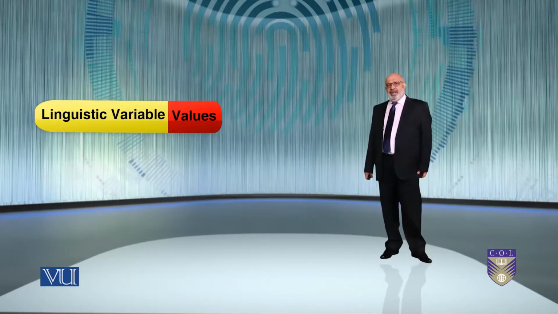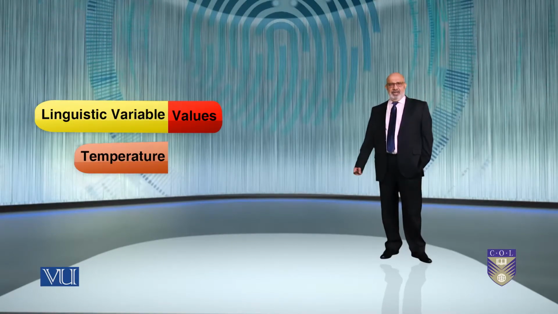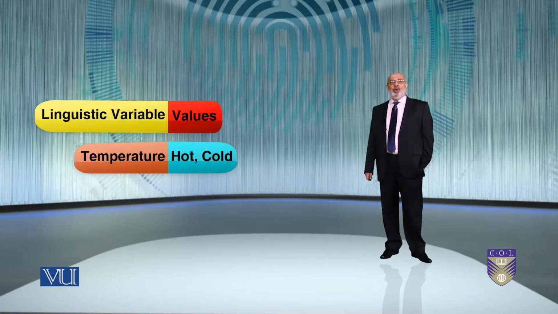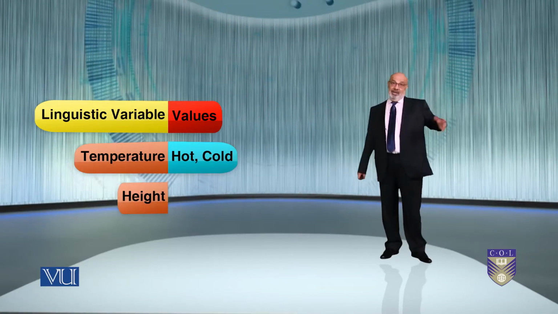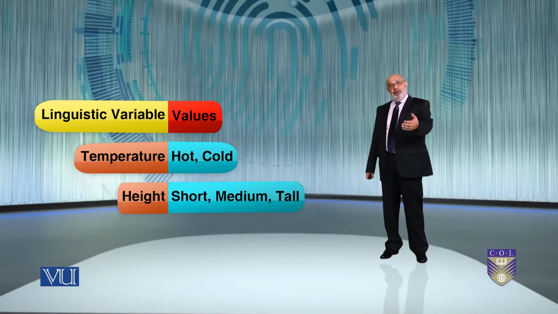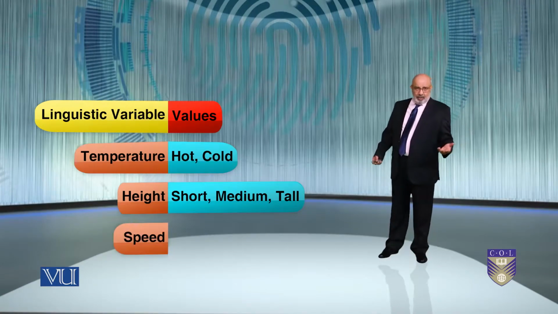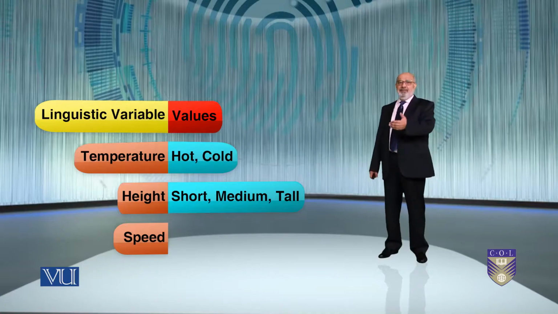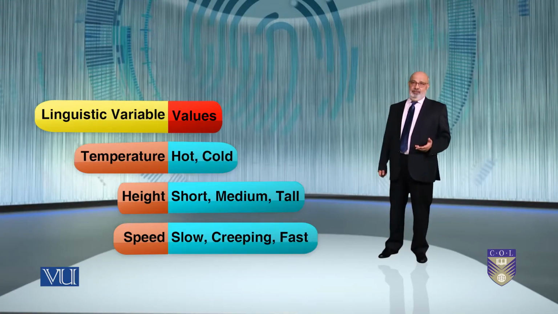For instance, temperature can have, let's say, two values, hot and cold. Height is another linguistic variable used in language, and it can have values like short, medium, tall. Speed of a car or bike or whatever is a linguistic variable. It can have values like slow, creeping, crawling, and fast.